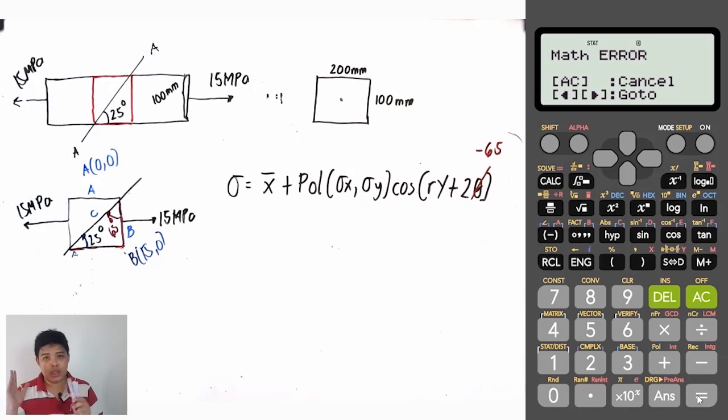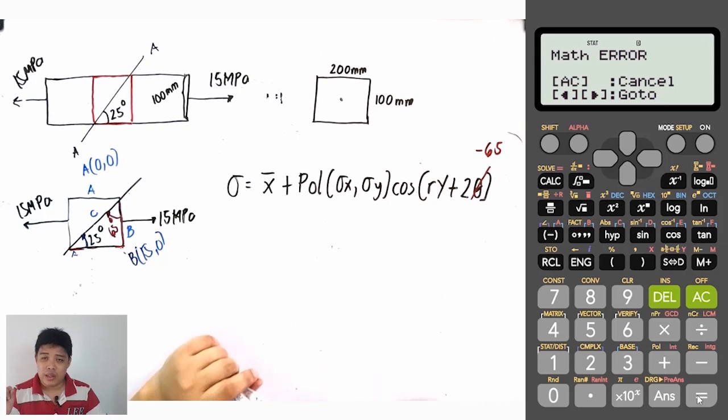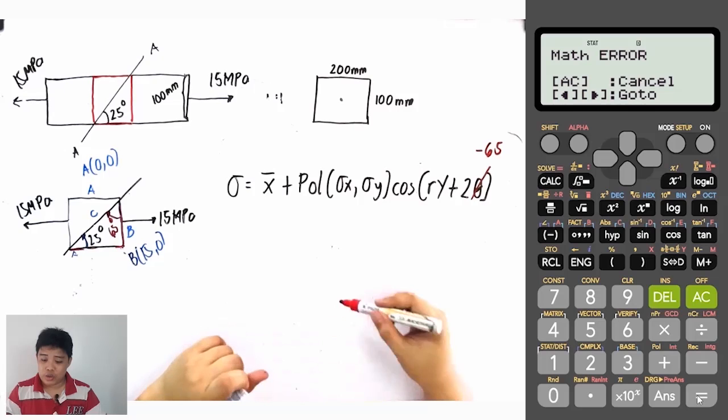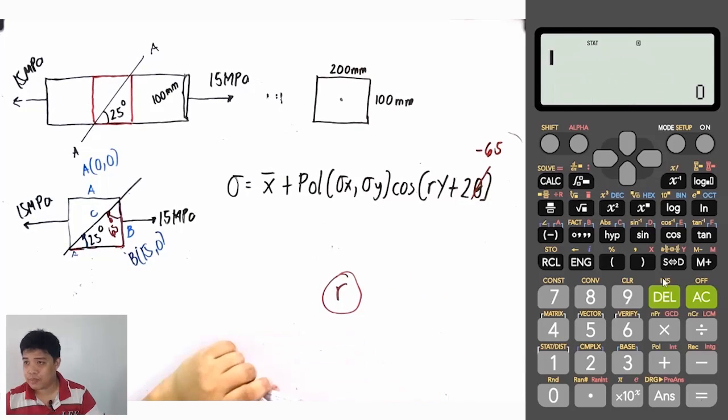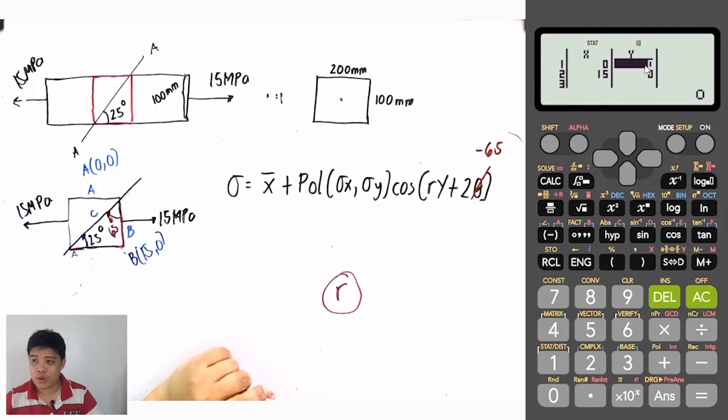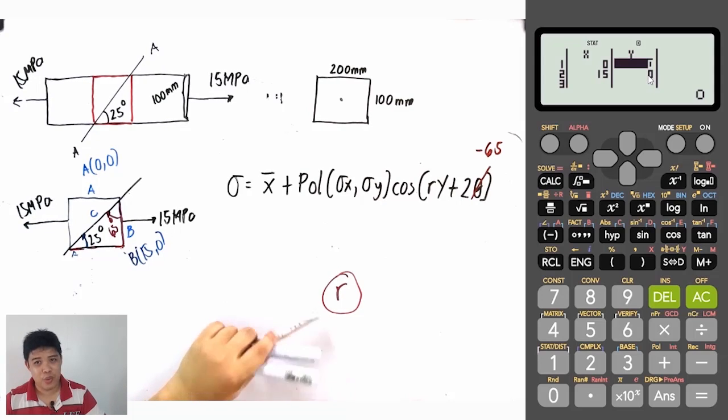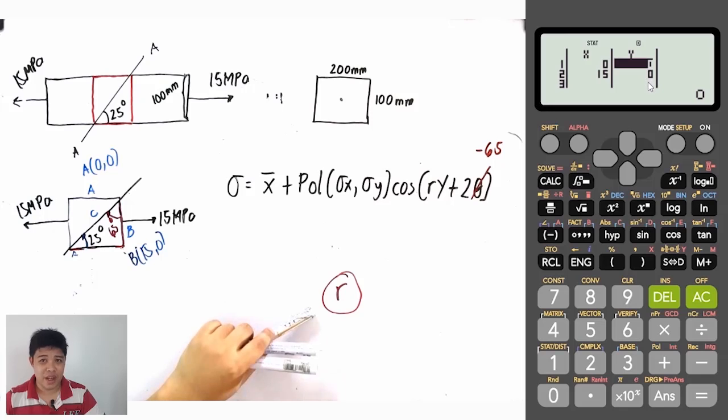Okay, so this is what I'm trying to imply. There is a special case in which our calculator will give you a mathematical error display. The value of R, or the regression coefficient, will be undefined. Let me bring back the data. If the values of Y is 0, both 0, the correlation regression coefficient will be undefined.